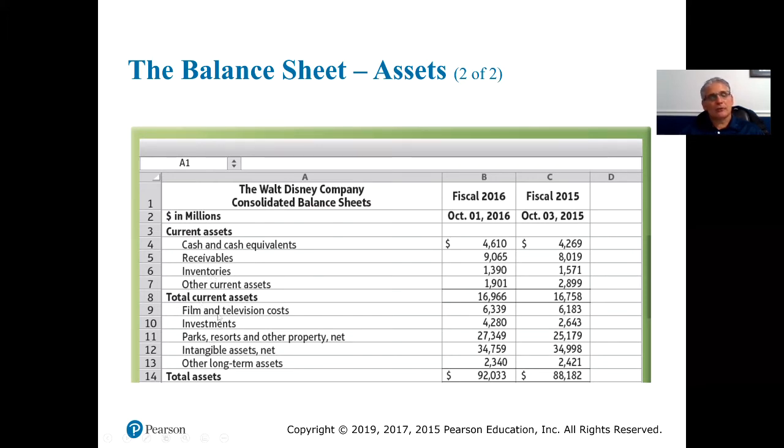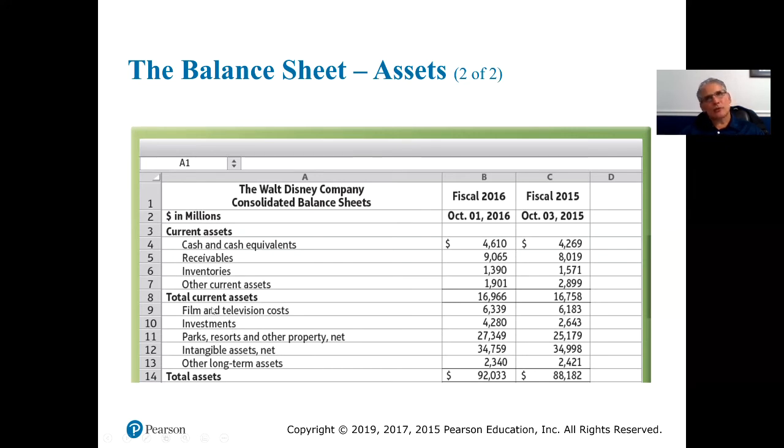And then their longer term assets are film and television costs, investments, parks, resorts, and other property, intangibles, and other long-term assets. At the bottom line, you will see $92,033 million of assets. Those assets are broken down between current and non-current assets.